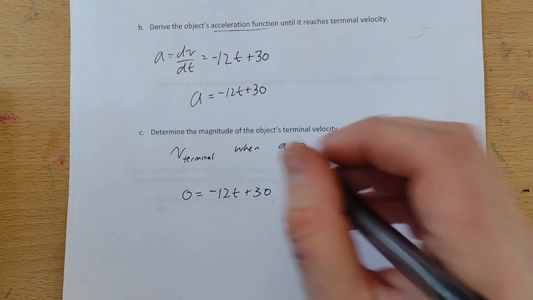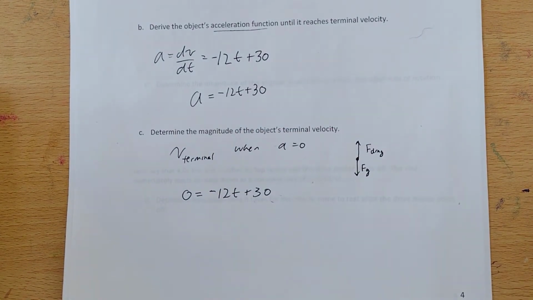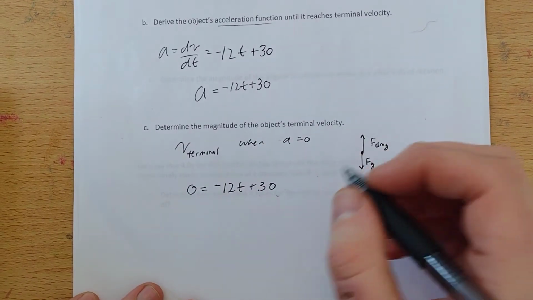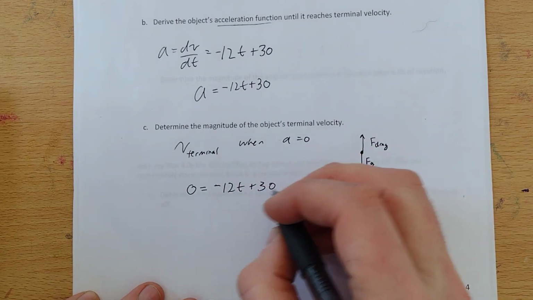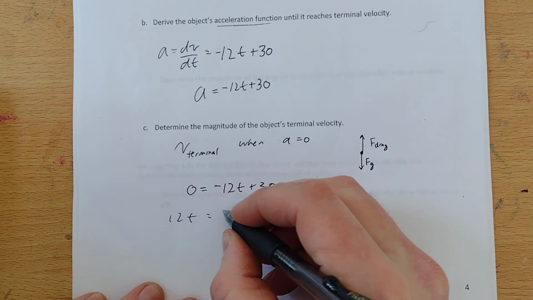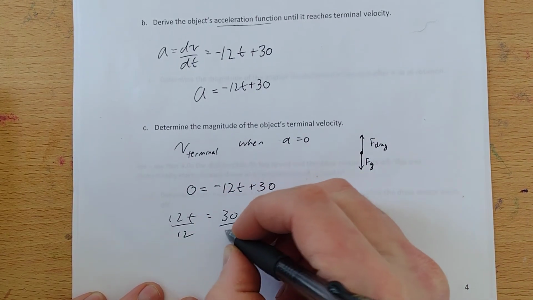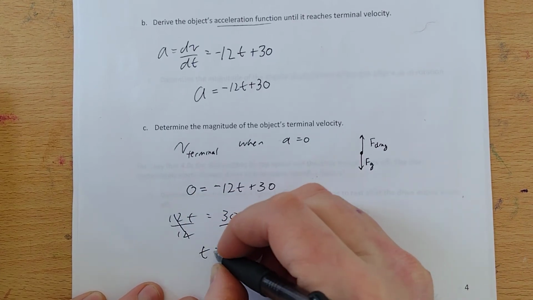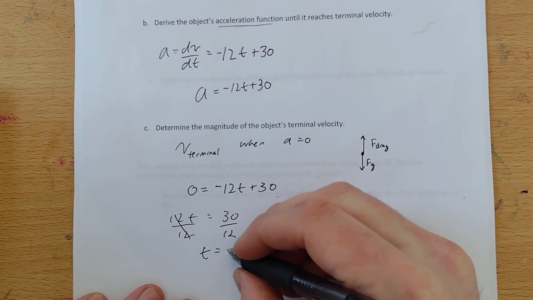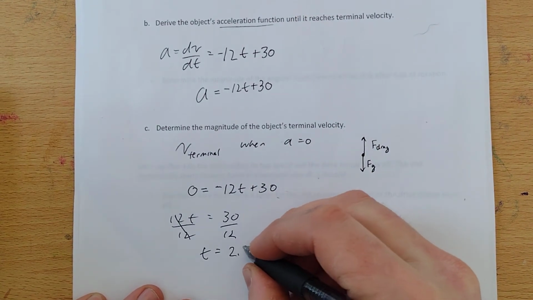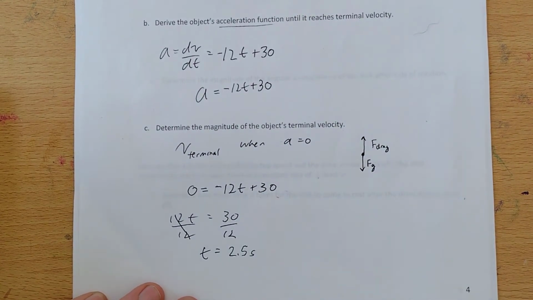The change has to be opposite that for it to ever end up at a constant velocity. Anyway, all right, so 12t equals 30, divide by 12, divide by 12. T is 30 over 12, which is 2.5 seconds to reach terminal velocity.